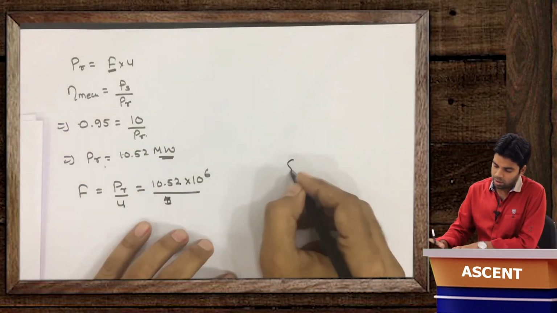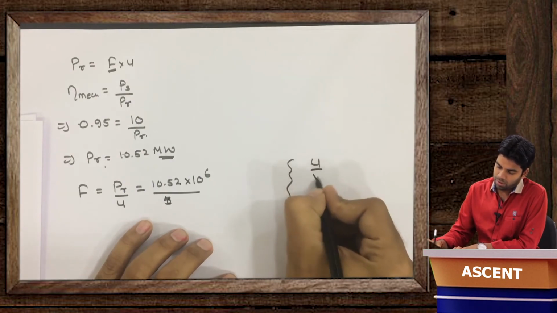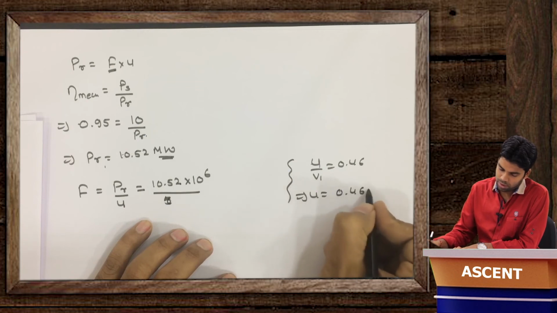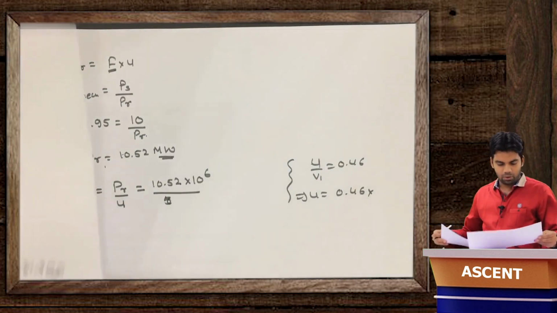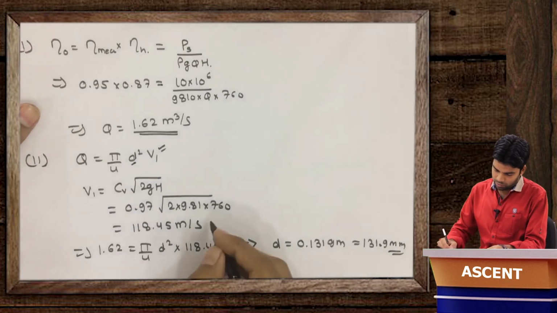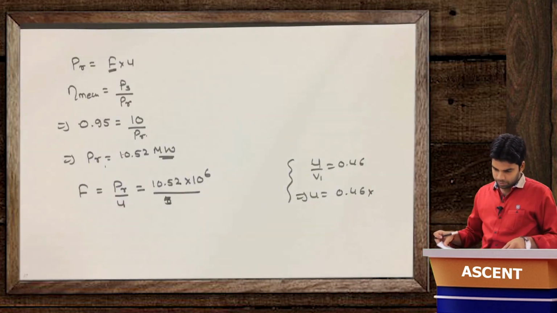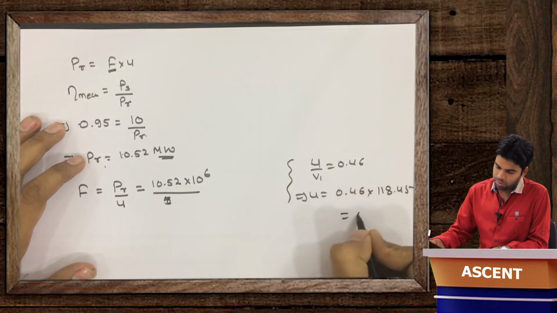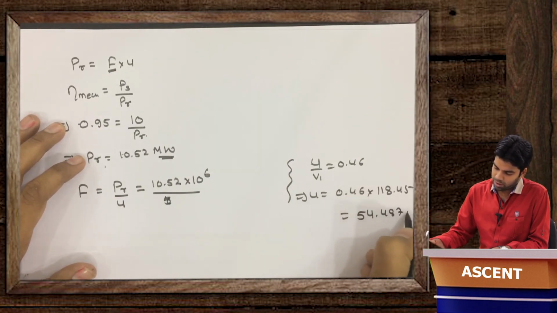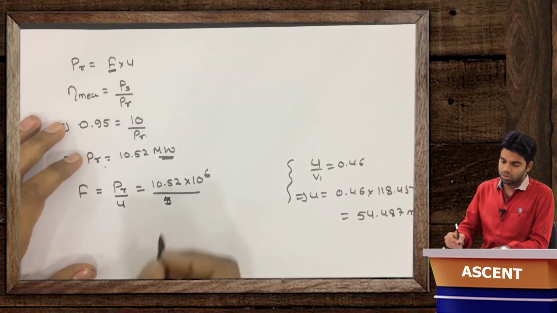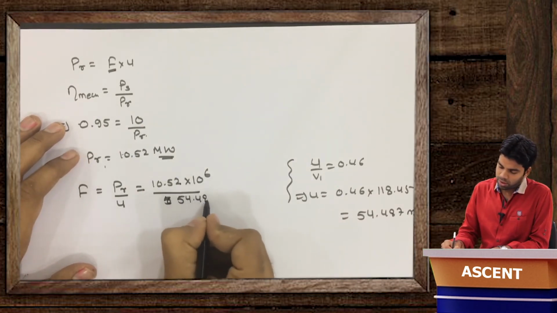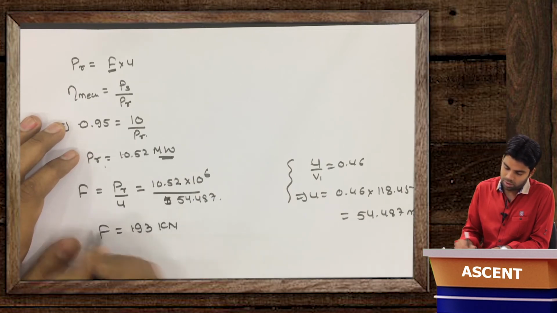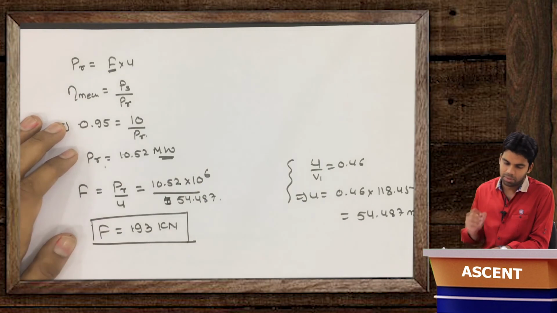U is equal to 0.46 into V1, and V1 we have already determined, 118.45. So U will be equal to 54.487 meter per second. Putting the value, this F will be equal to 193 kilonewton. Getting this now? Very simple.